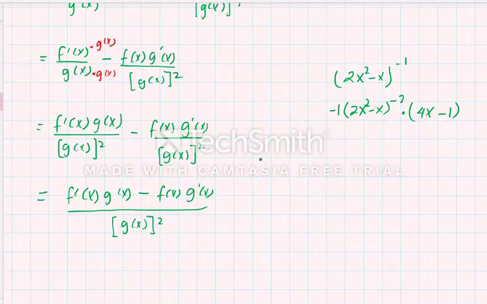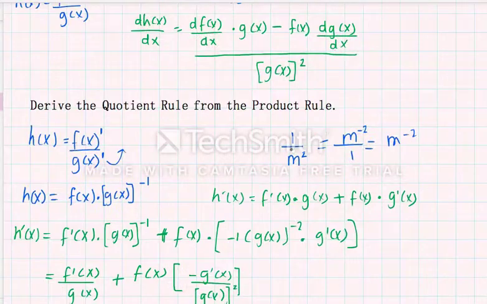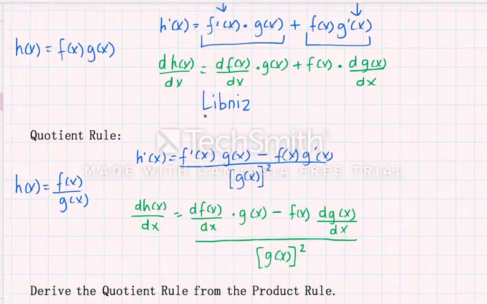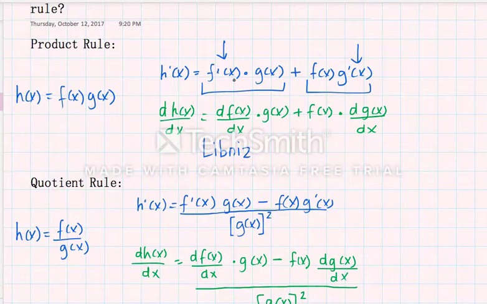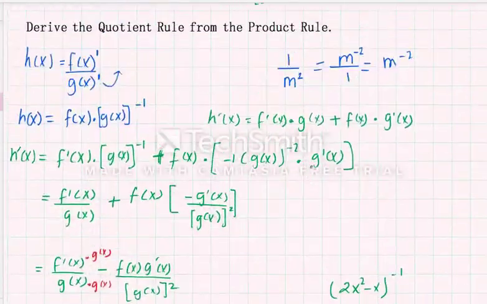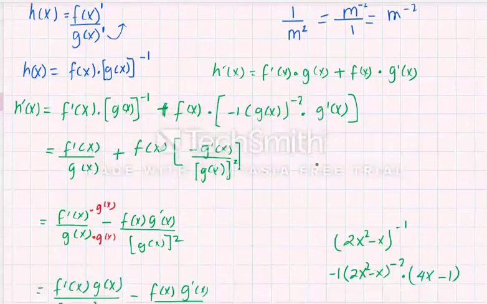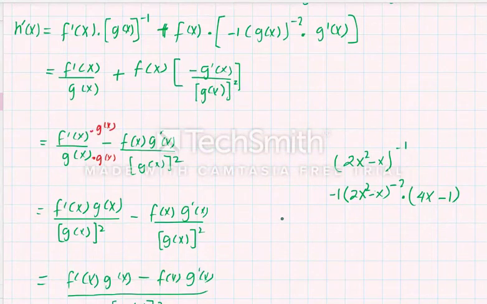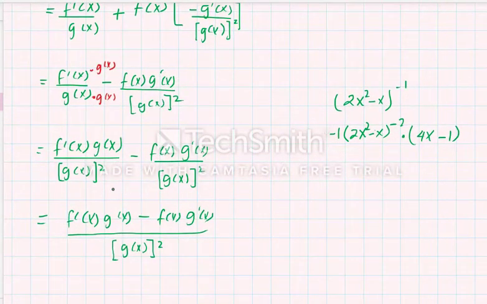We have derived the quotient rule, which we have written here, from the product rule, which is written right here. So we rewrote this quotient as a product, and we derived it using a product rule. We beautified the function a little bit, and we have derived the quotient rule from the product rule.